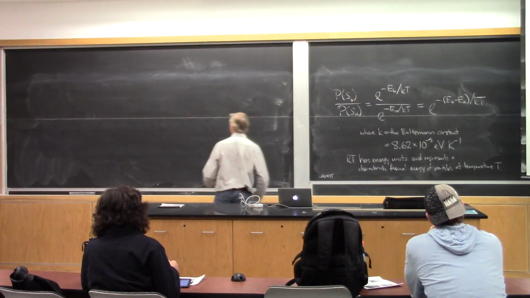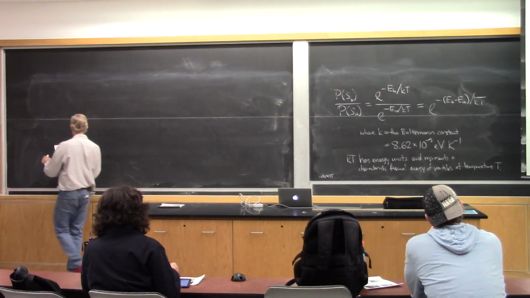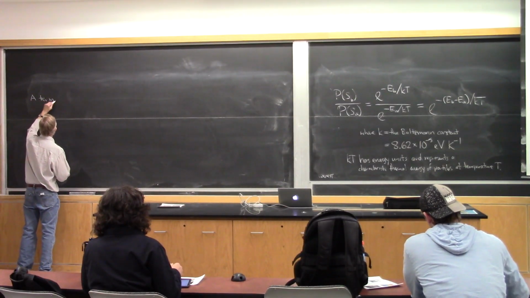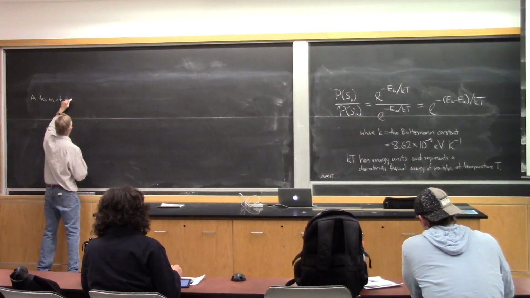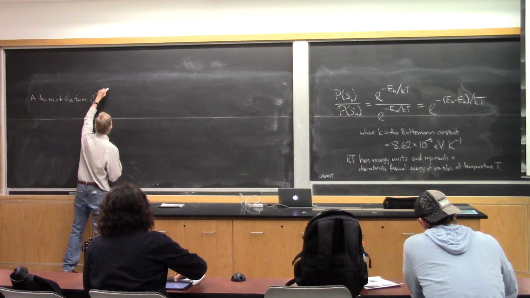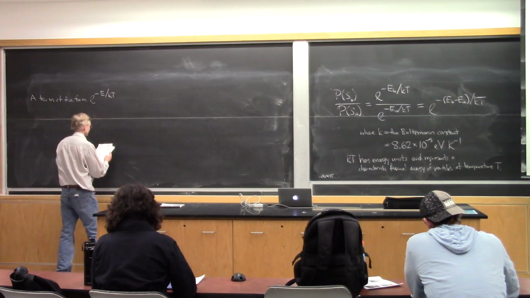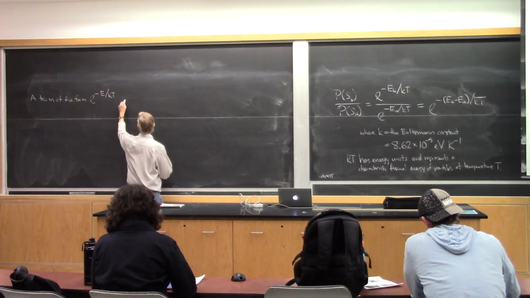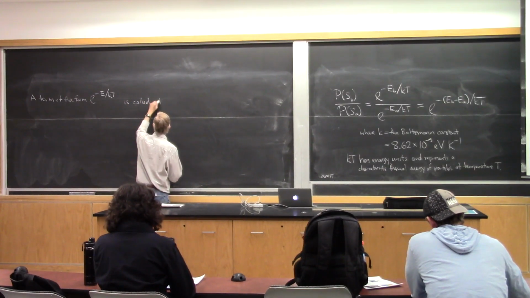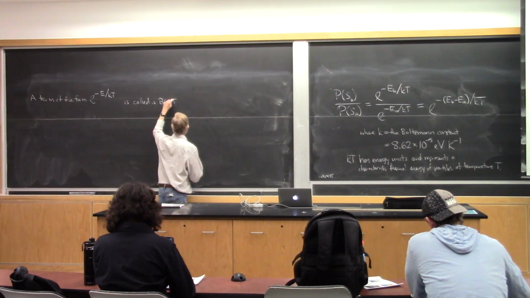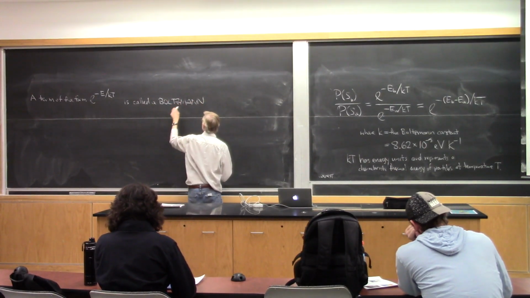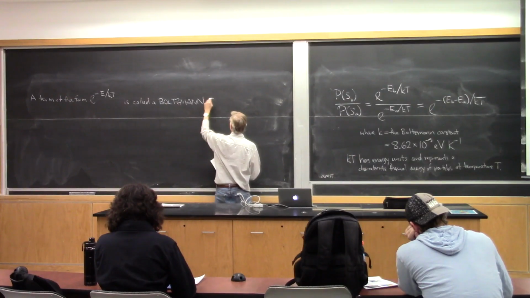So, important to note that a term of the form e to the minus some energy over kT is called a Boltzmann factor, again after Ludwig, who came up with this idea.